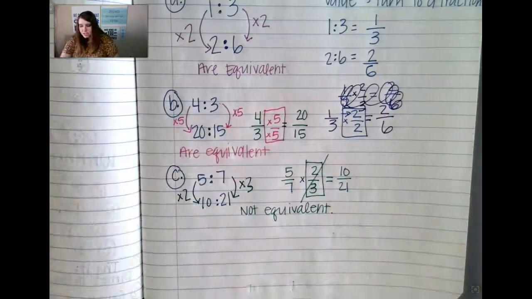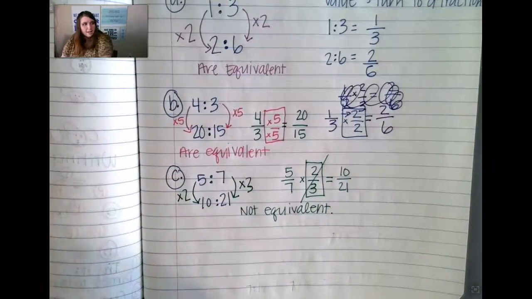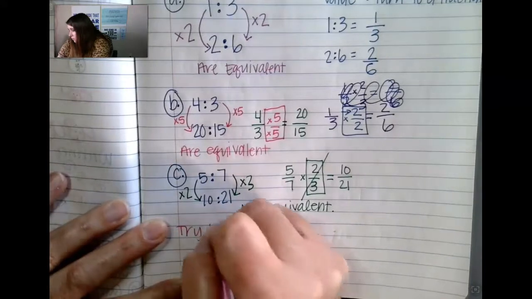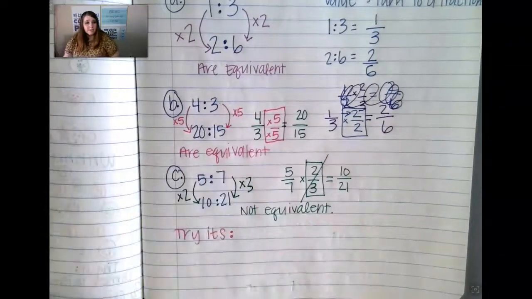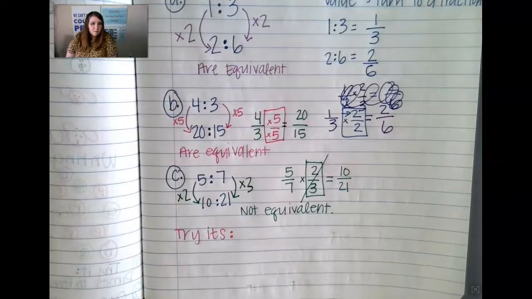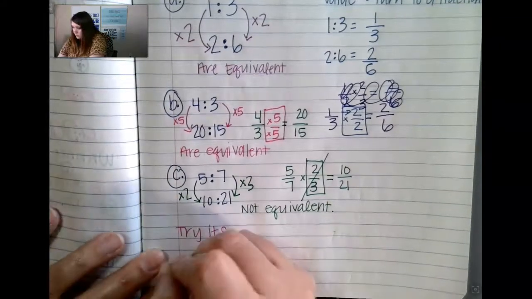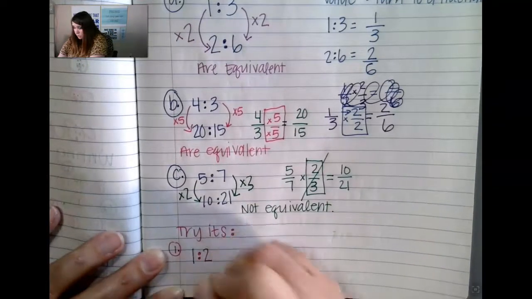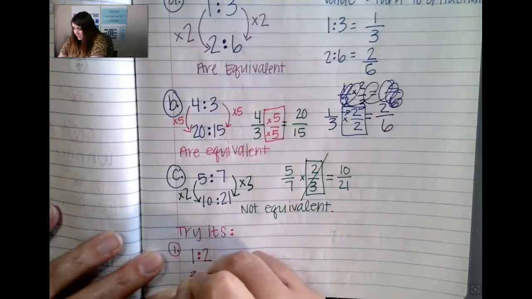All right, it is your turn to do a try it. So I'm going to give you 2 try-its to do, and I would like for you to please check for equivalence. All right, so let's do 1 to 3 and 2 to 4.